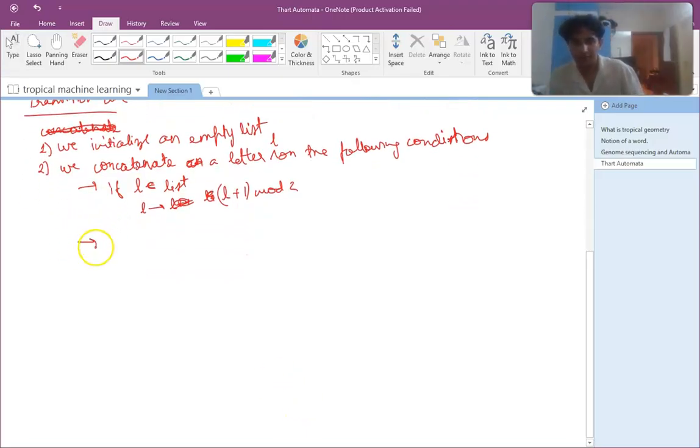Similarly, if L does not belong to the list, concatenate L.